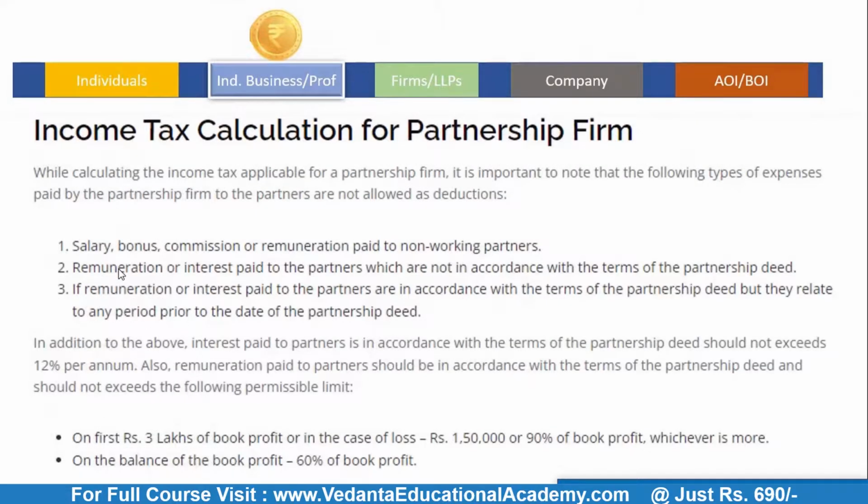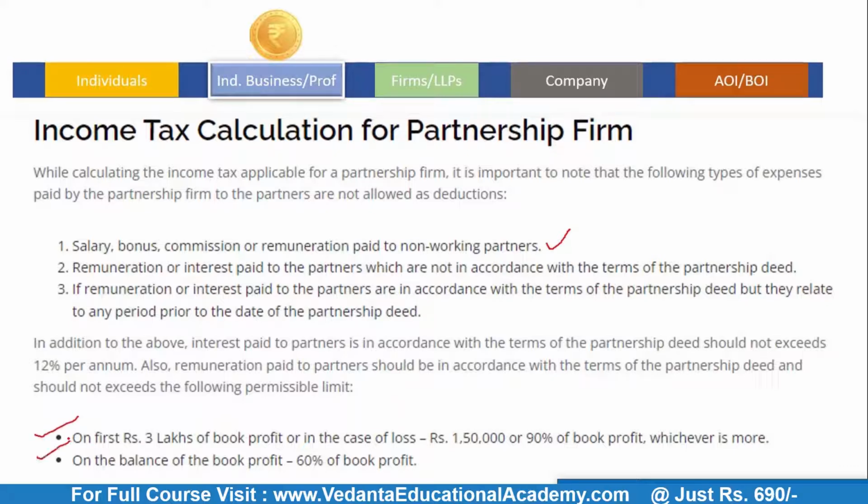Before discussing the income tax computation format for a firm, first you should understand the points to be noted. The salary or bonus or commission or remuneration paid to non-working partners is not allowed under deductions. And while making payments to working partners, you need to remember two more things.